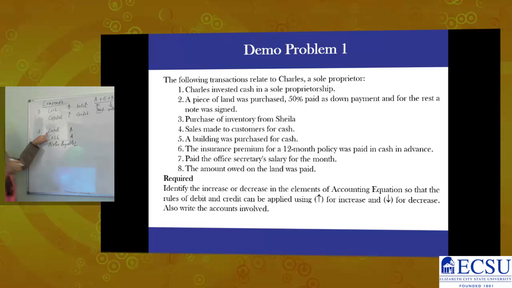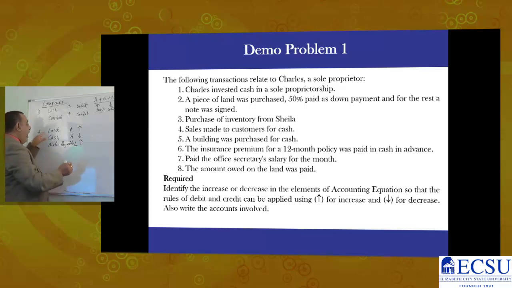I'm getting that land, so therefore it is increasing. What is happening to cash? It is decreasing. And what is happening to notes payable? It is also increasing. Okay, why? Because there was no notes payable so far. From 0 to whatever amount was the land, 50% will be increasing.